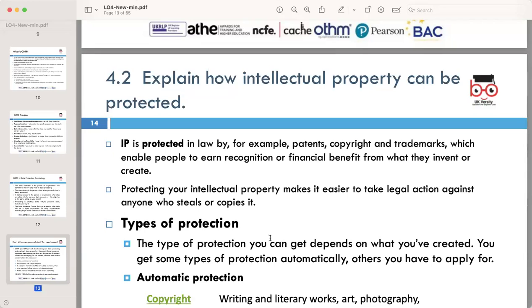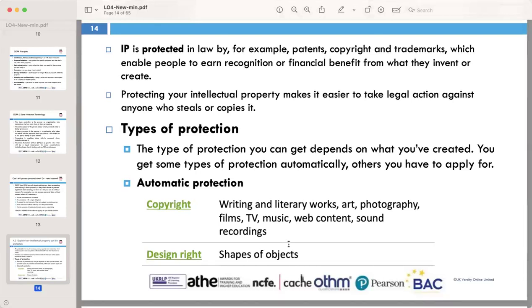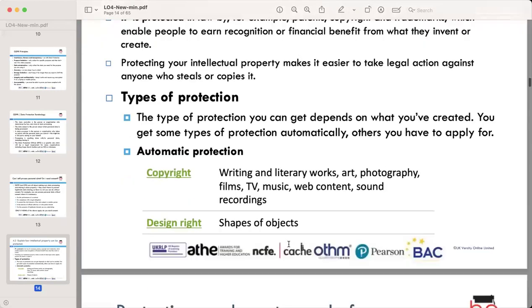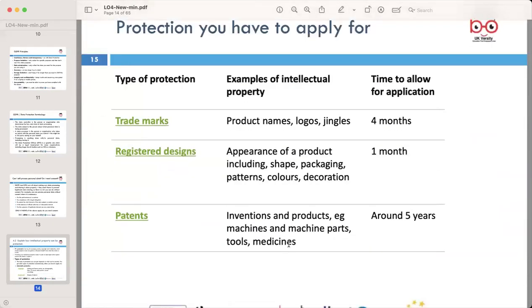Automatic protection applies to copyright, covering writing, literary work, art, photography, films, TV, music, web content, and design rights, shapes of objects. So types of protection you have to apply for are trademarks, registered designs, and patents.